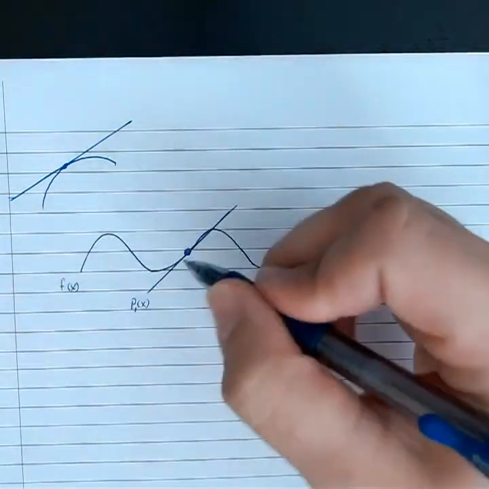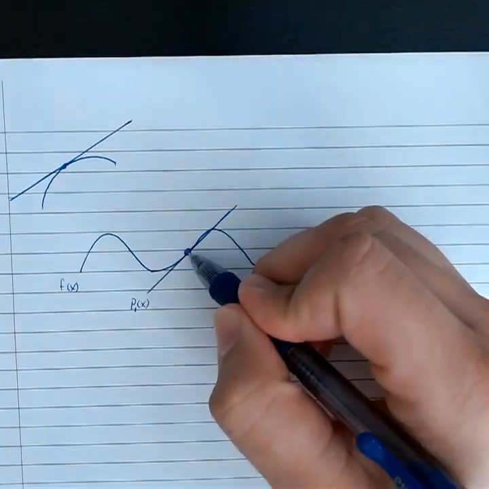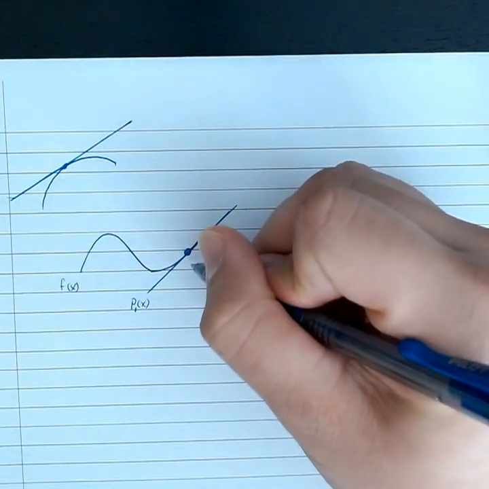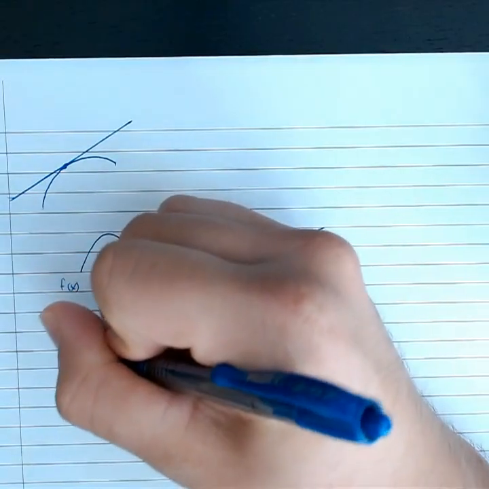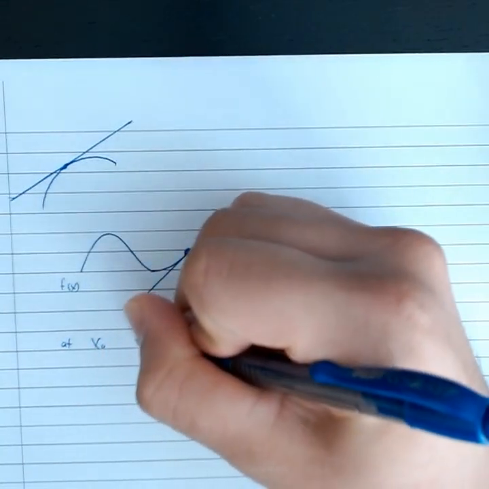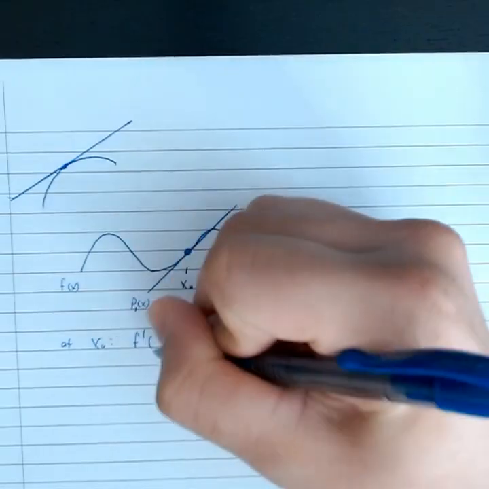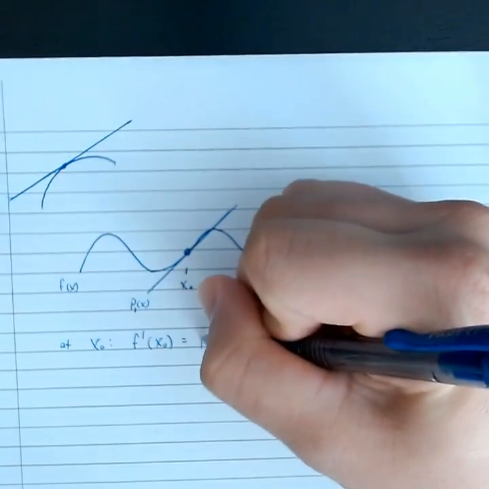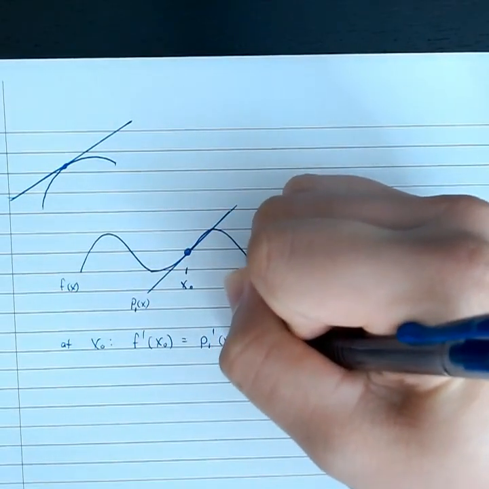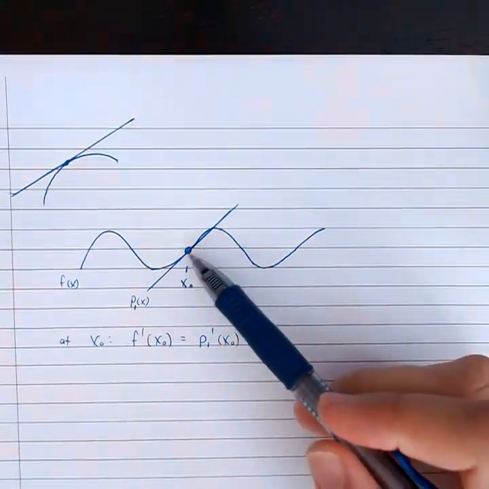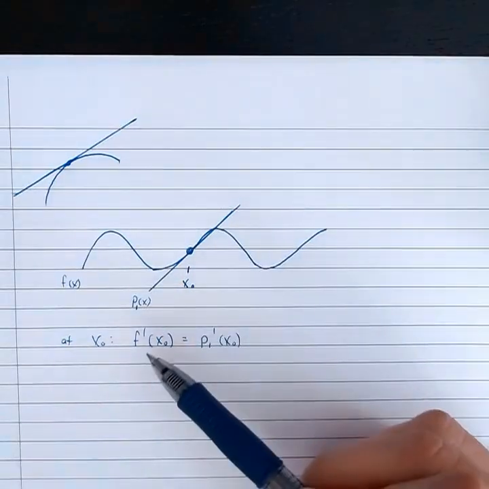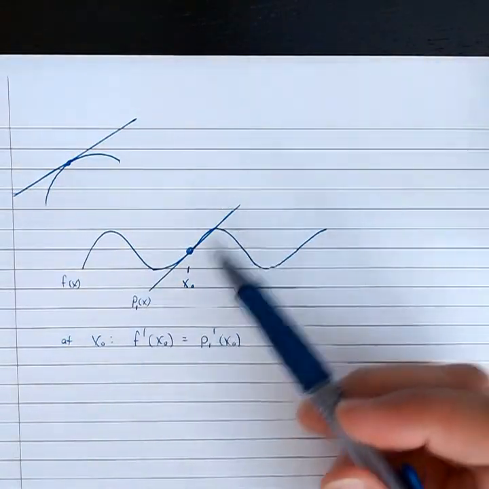So here, let's call this point x naught. At x naught, f prime of x naught is the same as p1 prime of x naught. Sure, that's how you found that line in the first place. You found the slope of the tangent line by taking the derivative, and then using that slope, you formed that line.